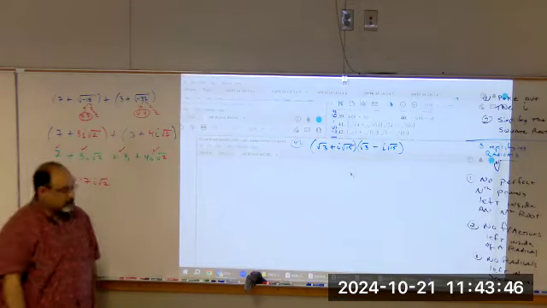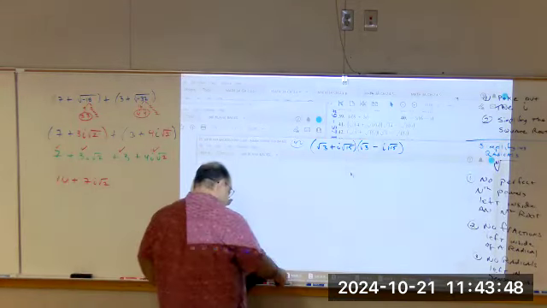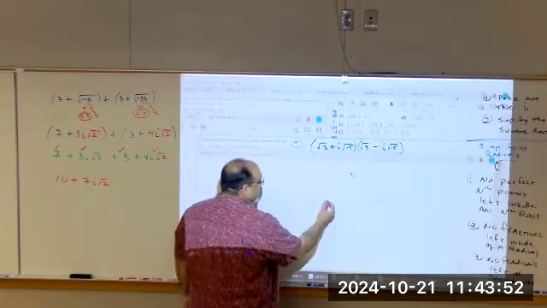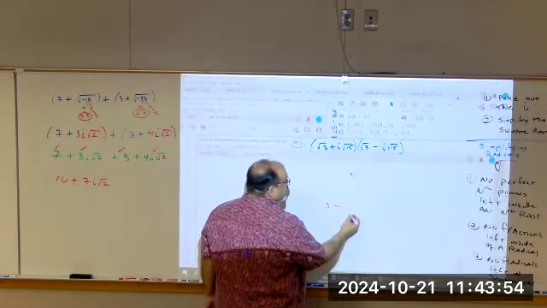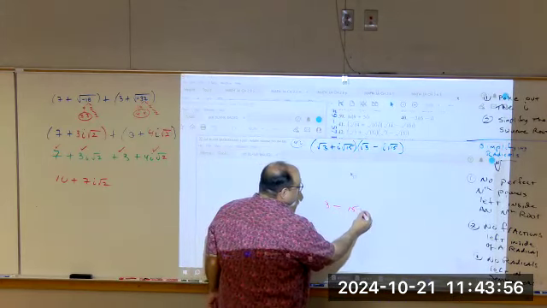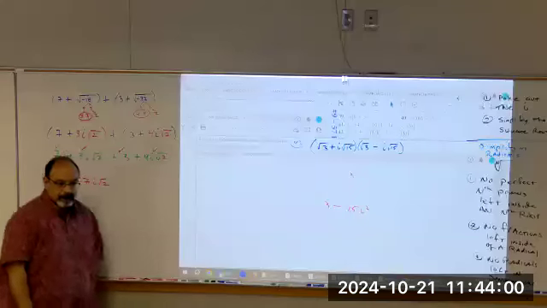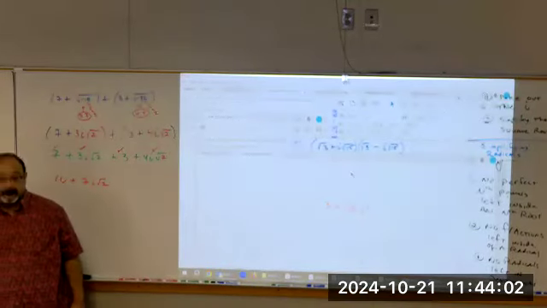Here's what you want to be. This is going to equal 3 minus 15i squared. And not need to show the steps in the middle.